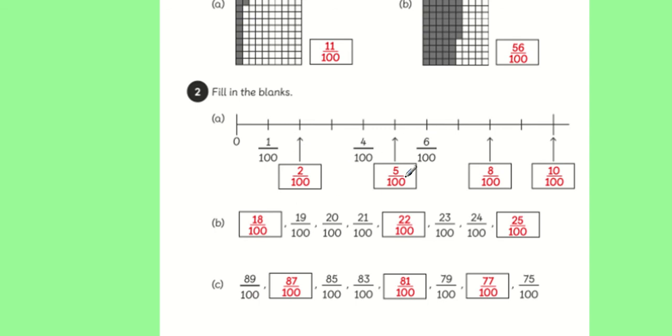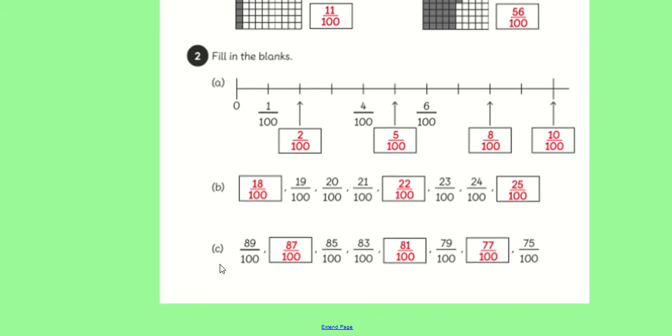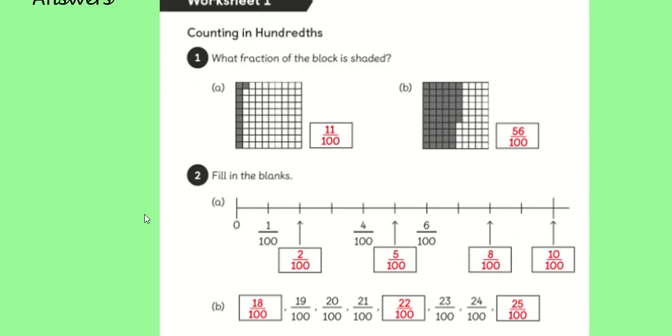Between 4 and 6 hundredths, so we've got 5 hundredths, 8 hundredths here, and 10 hundredths here. This one we are counting up in steps of 1, so 18 hundredths, 19 hundredths, 20 hundredths, and so on. This one we are going downwards in steps of 2, so 89 hundredths, 87 hundredths, 85 hundredths, and so on. Well done if you got those right.